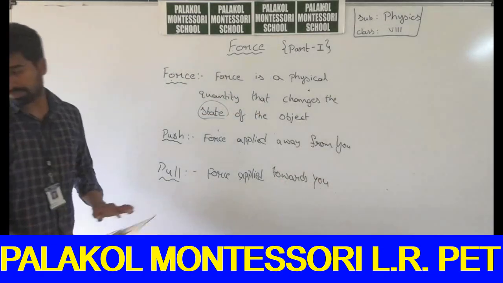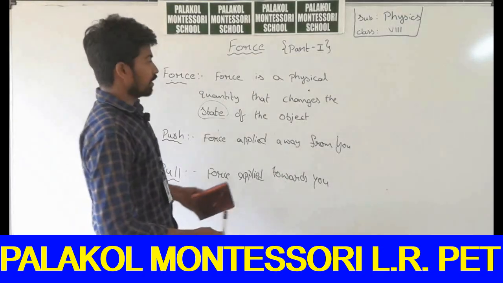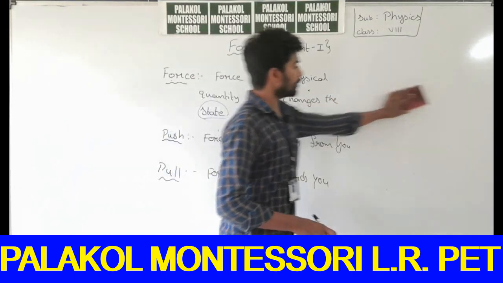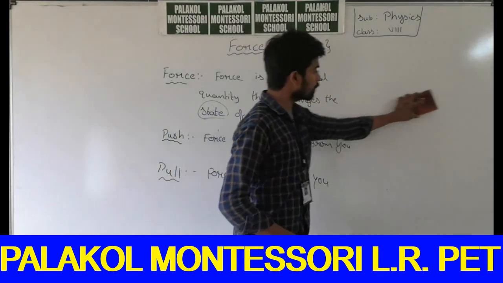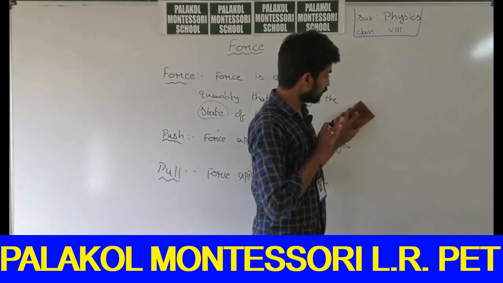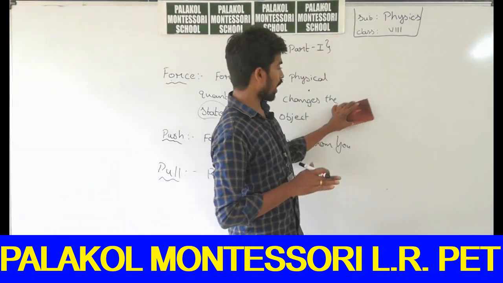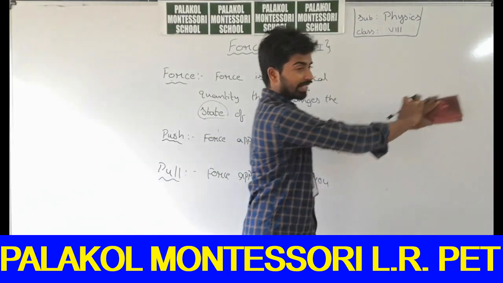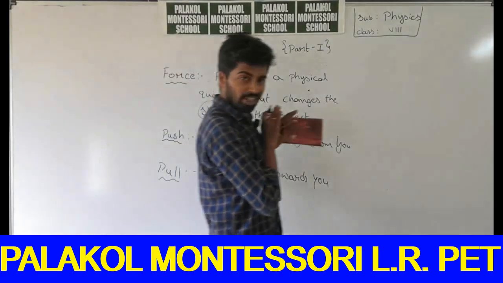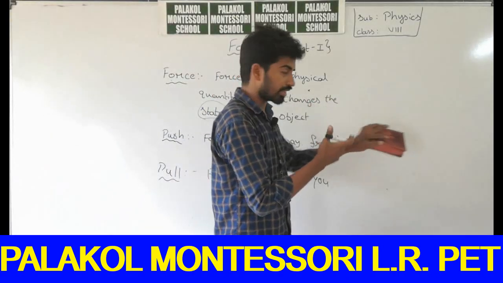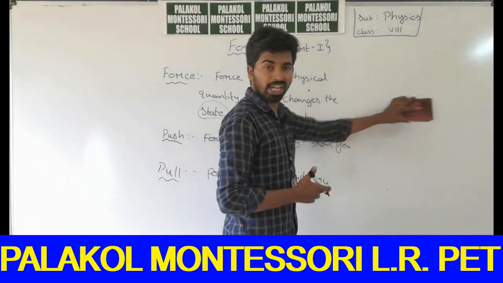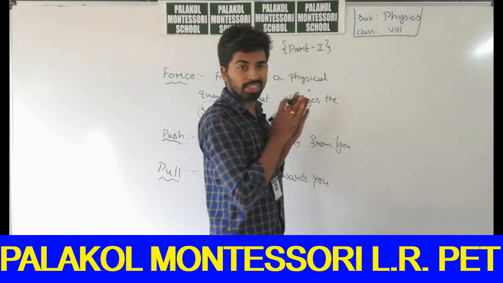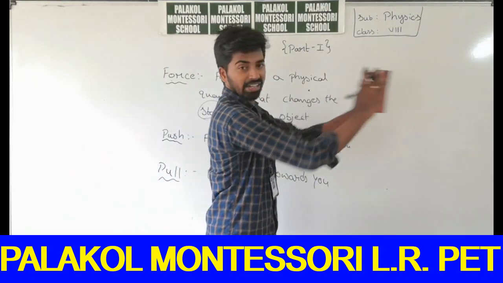For example, if I had an object here and I was pushing it, the direction of the force is away from me. If the force applied is away from you, it is called push. If the force is towards you, I was pulling the object. Pulling means the force is acting towards us.